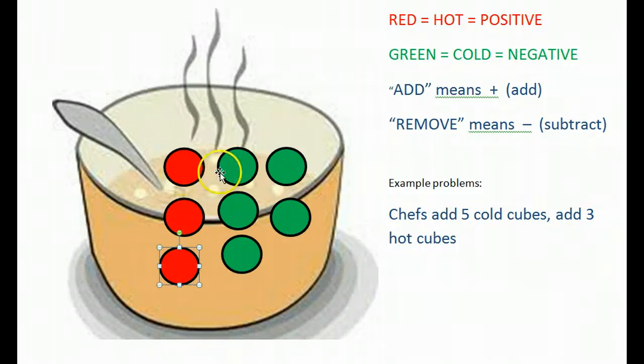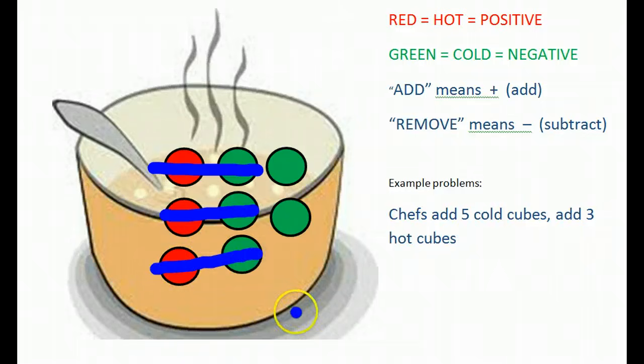Okay. Now look at these and notice that there are 0 pairs. We've got a 0 pair because a positive and a negative put together makes 0. We've got another 0 pair. We've got another 0 pair.